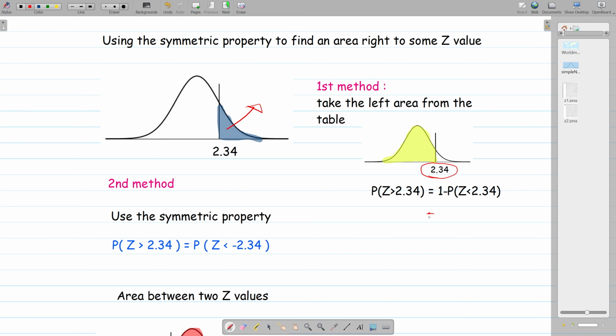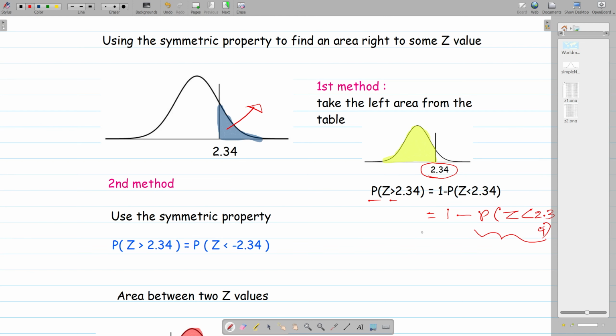The probability z greater than 2.34 is equal to 1 minus the probability z less than 2.34. We have to find this one from the table. You know that we can take that area from the table.